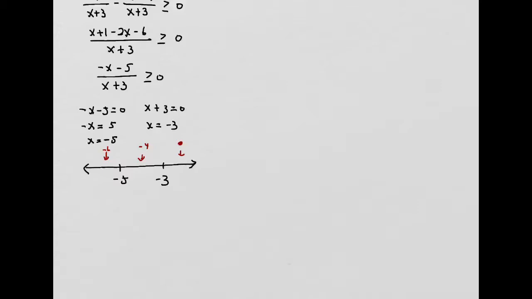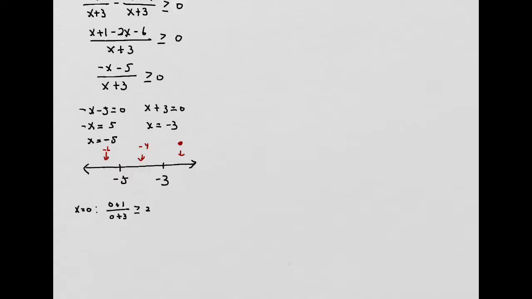So then let's try with the easier one, which is x equals 0, right? When x equals 0, you get (0 plus 1) over (0 plus 3). That's greater than or equal to 2. Let's see if this is true.